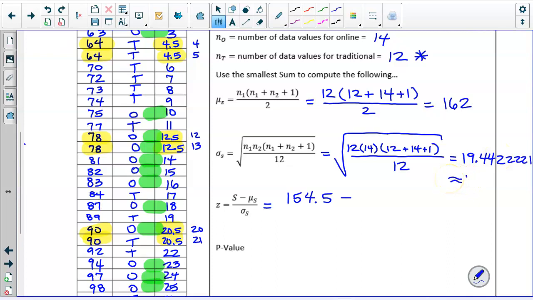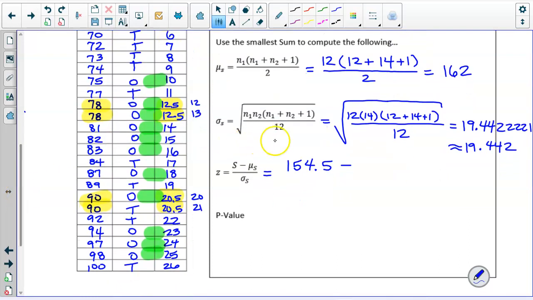You get about 19.442. Everybody? Okay, so once you have the mean, that's what you subtract from the smaller of the two sums. So it's going to be 154.5 minus 162, and then divided by that standard deviation, so 19.442.